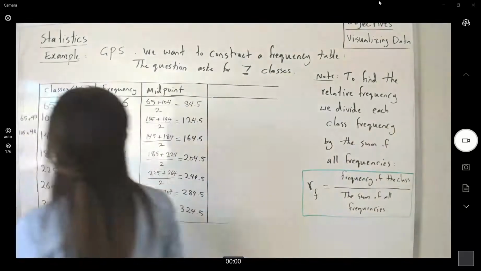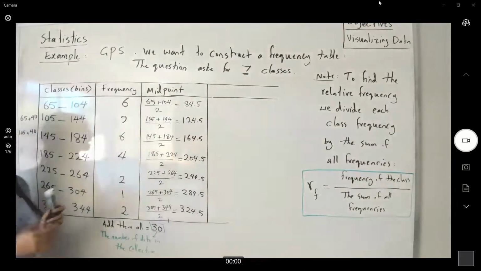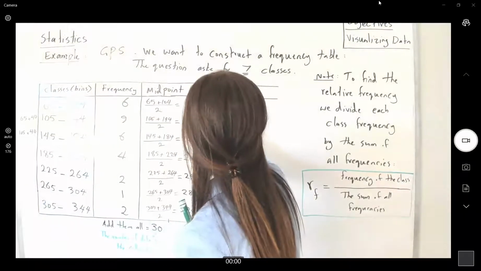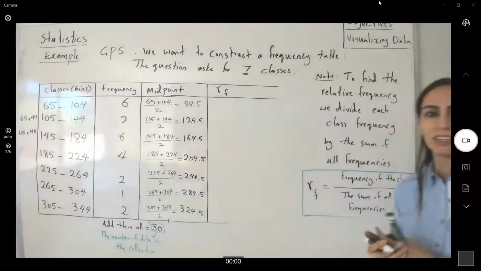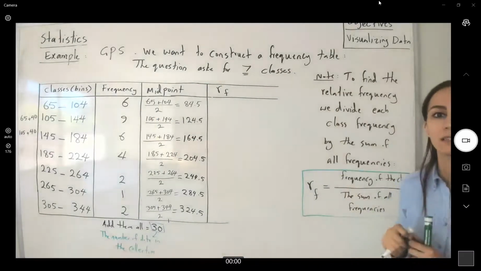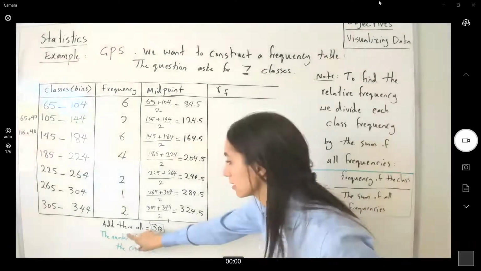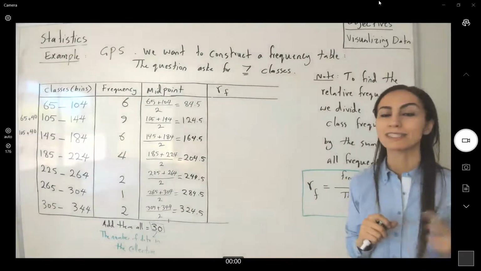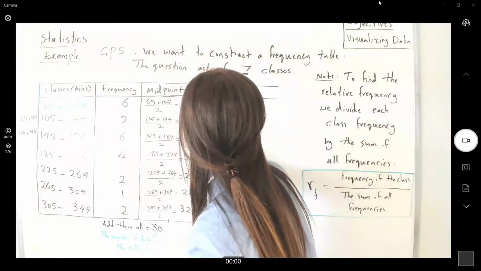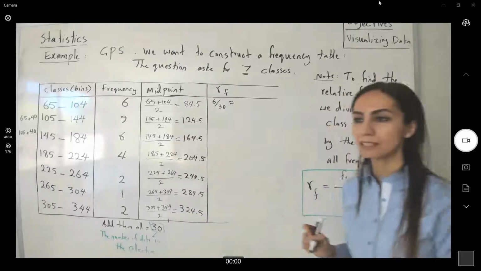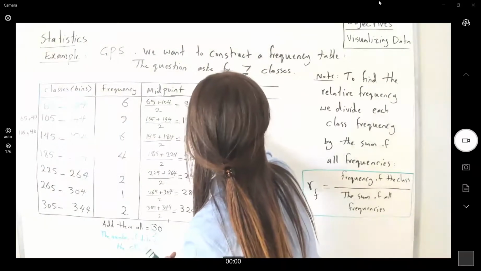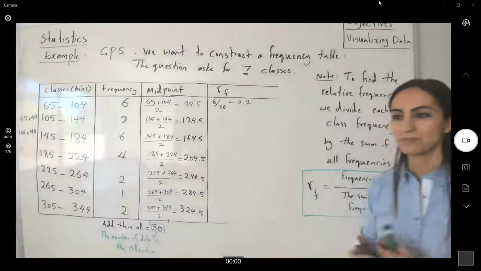So let us calculate the relative frequency for each class, or r sub f of the first class. What's the frequency of the first class? It is 6. It's divided by the sum of all frequencies, which is 30. 6 divided by 30 is exactly 20%.